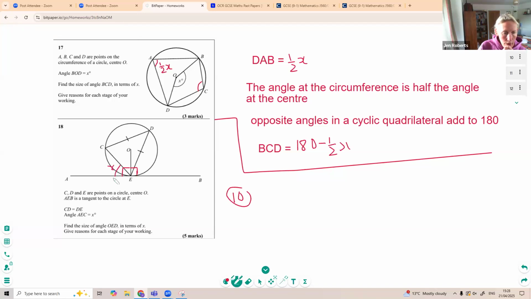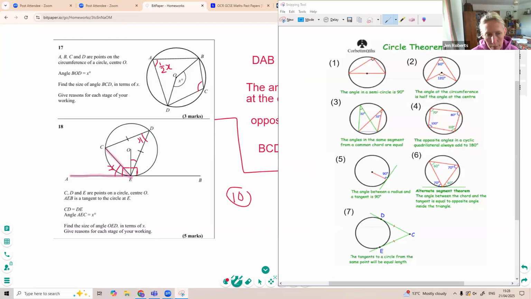We want OED. Okay, what can we say here then? Tangent touching this triangle, so they're using the alternate segment theorem. This is also x. Let me just show you that circle theorem, number 6.